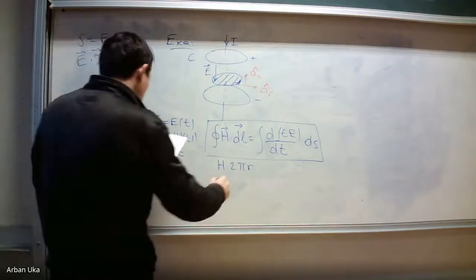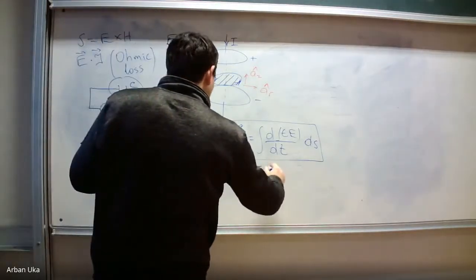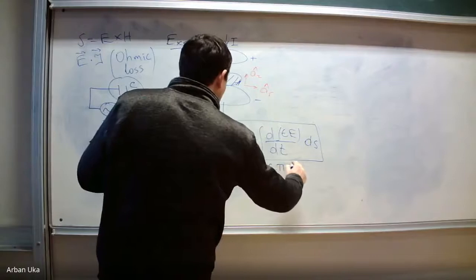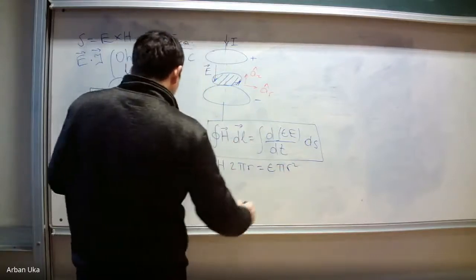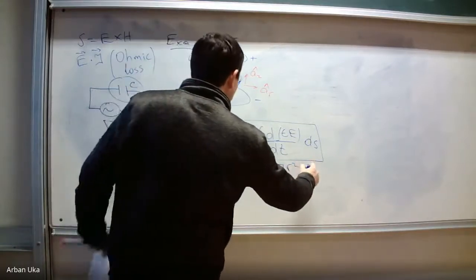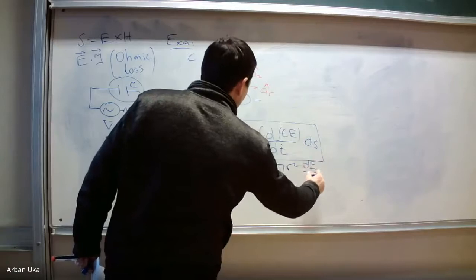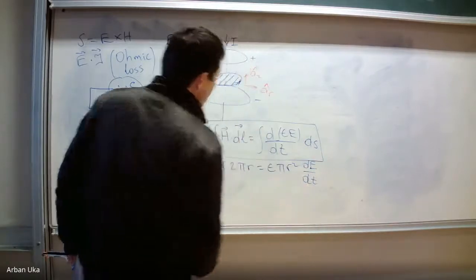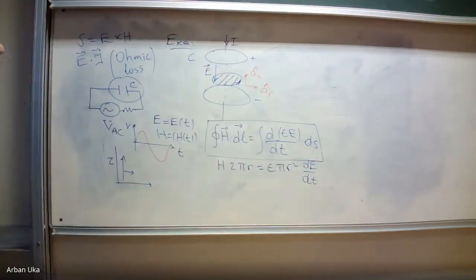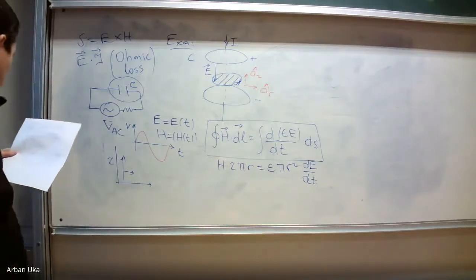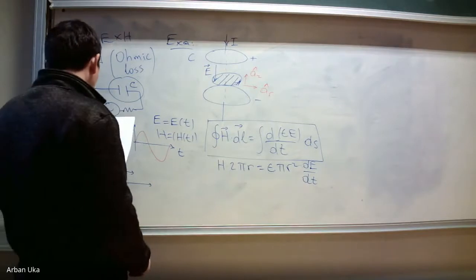This is going to be equal to the permittivity times pi r squared times the derivative of E with respect to t, dE over dt. Okay, so this is what we obtain. Now, we learned what the magnitude of H is.